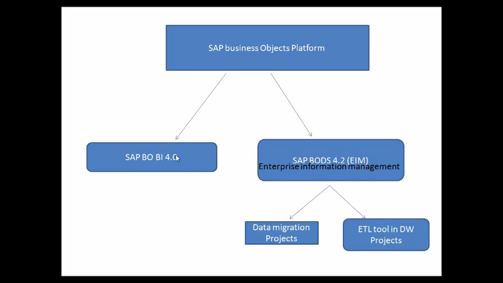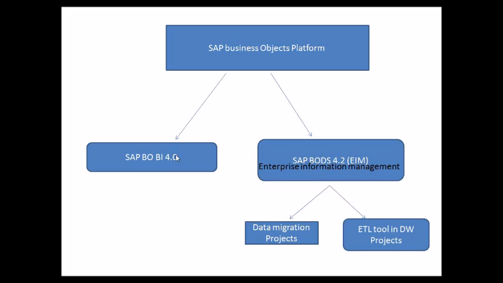SAP Business Objects deals with two types of data sources majorly. The first is the SAP perspective, and the second is the non-SAP perspective, because by using SAP BODS we can extract data from any source, whether it is an SAP product or a non-SAP product. That's why it is divided into two ways.